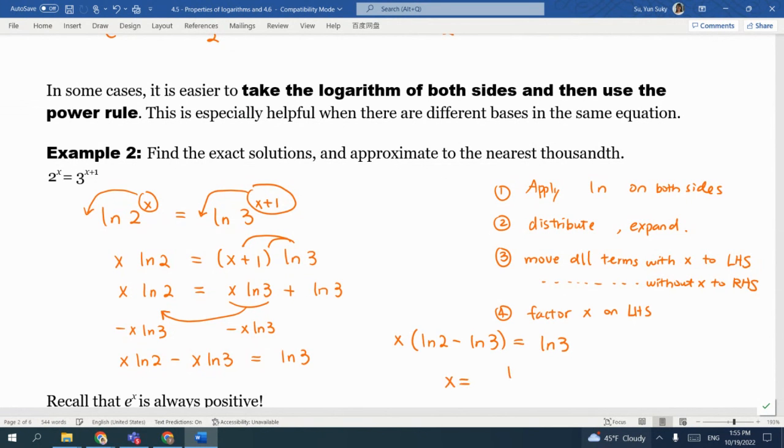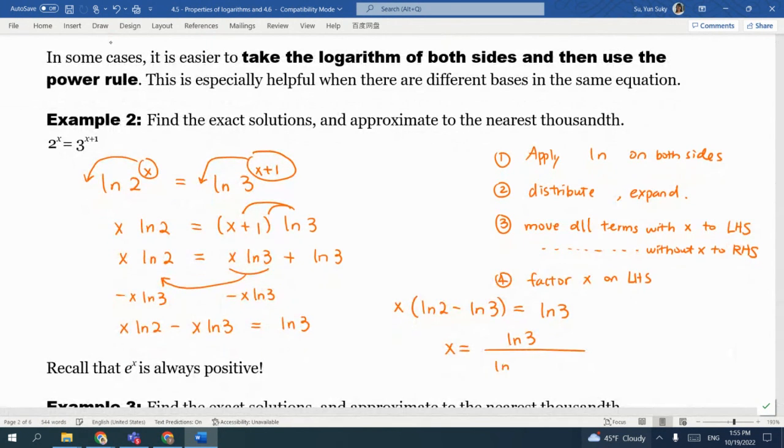So what is x? The right-hand side divided by ln 2 minus ln 3. So we factor x on the left-hand side, and x will be the right-hand side divided by that. So this is the exact answer.